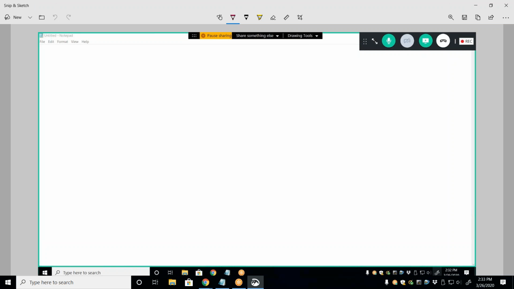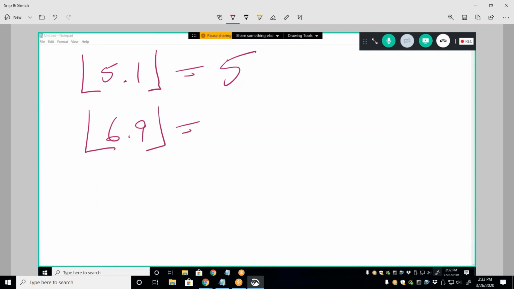So let's start with greatest integer function. Is that equal to? Is that equal to? What's this one equal to?